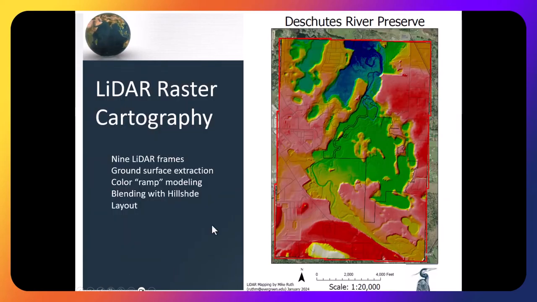These are 9 frames that are mosaic together that create one logical LiDAR image, and then we can use various cartographic methods to generate surfaces from that and pseudo-color the surfaces. If you look closely in here, you can see some of the former Deschutes River channels running along inside the green area here.